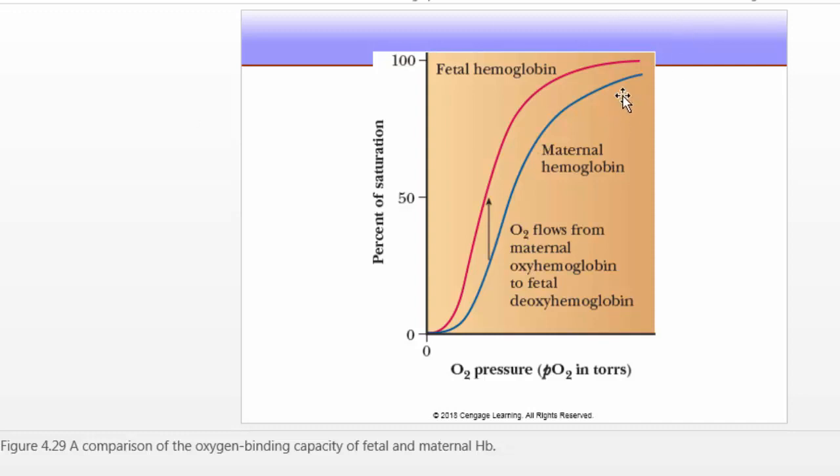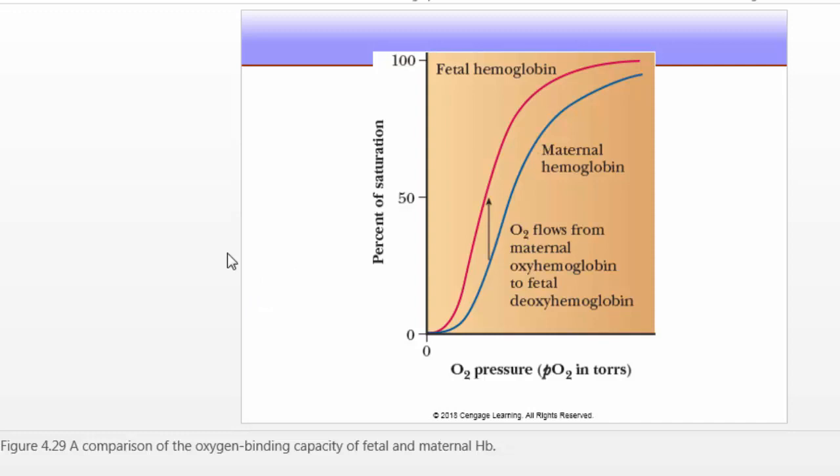Here in blue, this is the adult or maternal hemoglobin, and in red, the fetal hemoglobin. You see here O2 flows from maternal oxygenated hemoglobin to fetal deoxygenated hemoglobin. So you see P50 decreases, which means fetal hemoglobin has higher affinity for oxygen than its mother's.